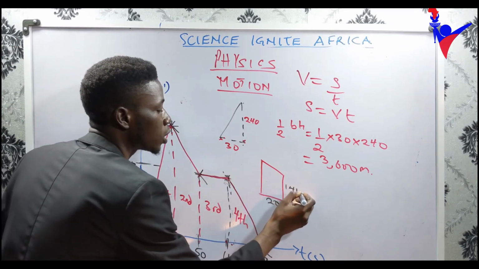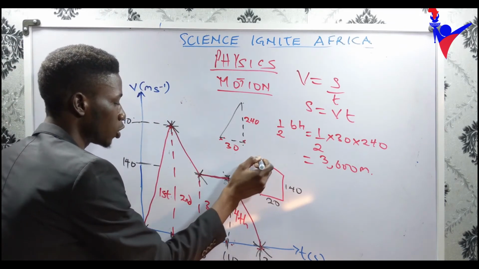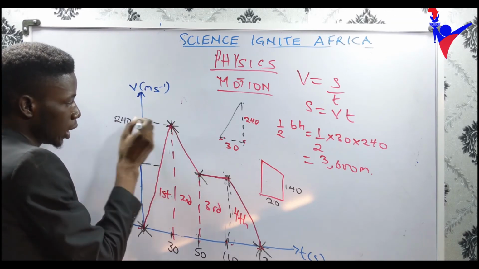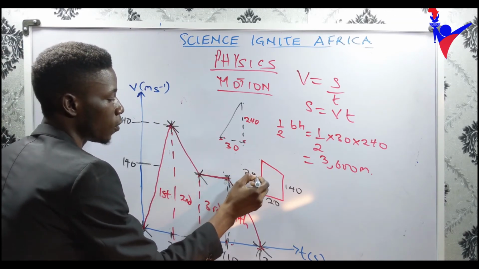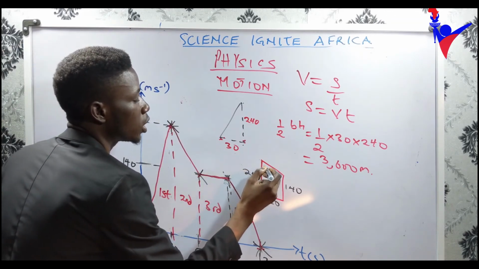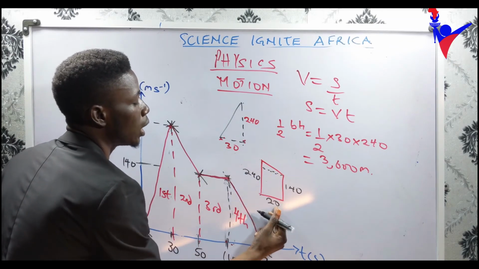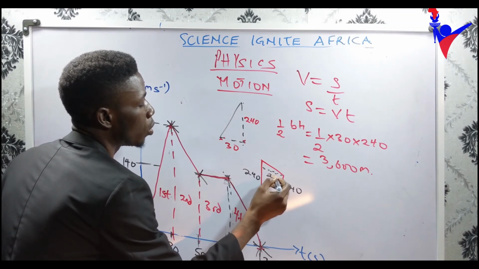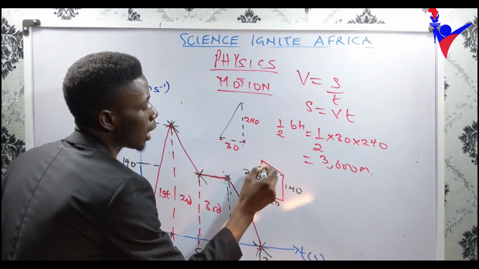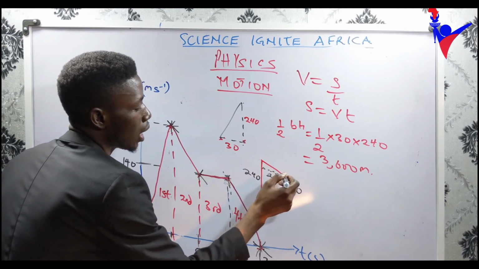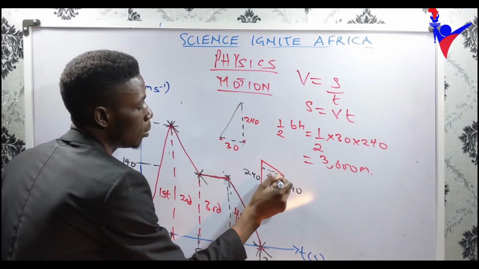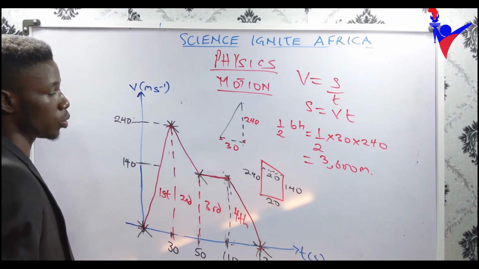And from this place to this place, that will give 240. If you trace it out so that it looks like a trapezoid, this and this are parallel. They start at the same point and stop at the same point, so they will have the same length. So this is 20 as well.